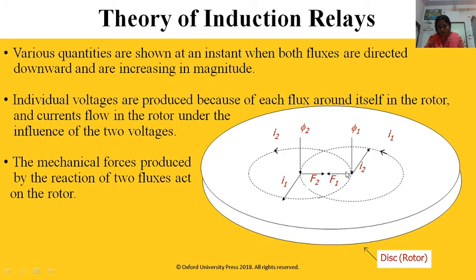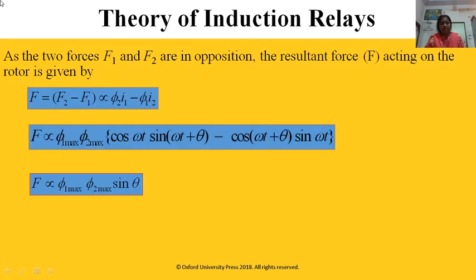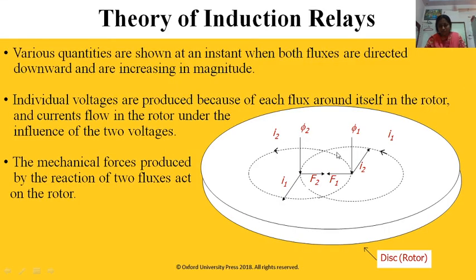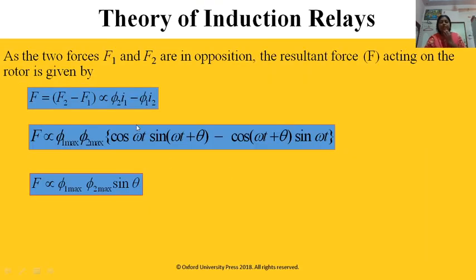These two forces are in opposite direction. So we can write this equation as F is F2 minus F1, and that is proportional to phi 2 into I1 minus phi 1 into I2. Whichever is greater, we subtract the lesser quantity from the higher quantity.